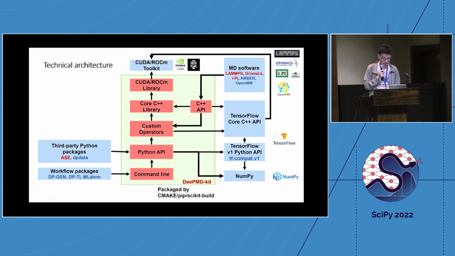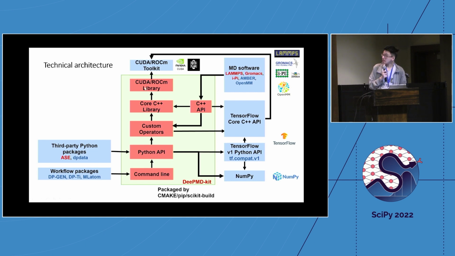And we also have some custom operators, which are based on the TensorFlow C++ API. This is written in C++, so we also have a C++ library, which implements CUDA and ROCm libraries.